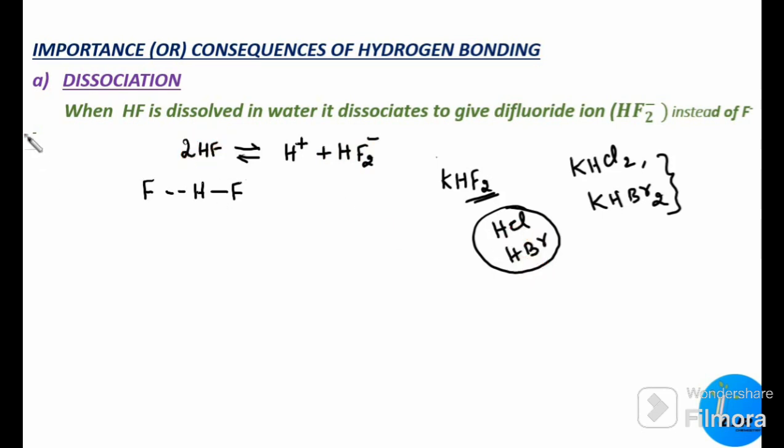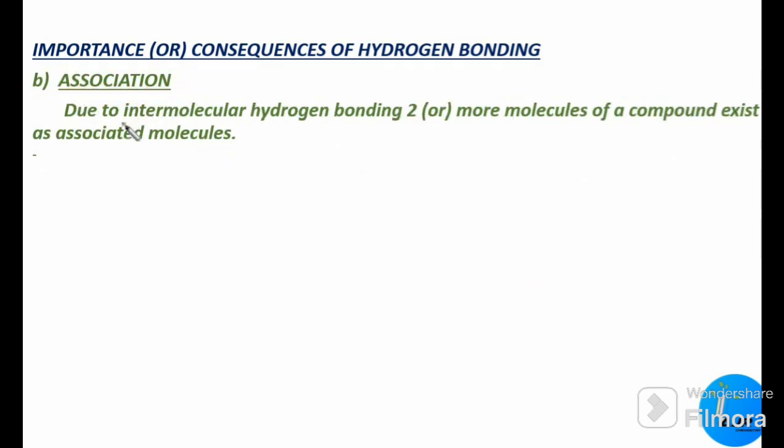Can you understand? The next important consequence is association. Due to intermolecular hydrogen bonding, two or more molecules of a compound combine and exist as associated molecules.